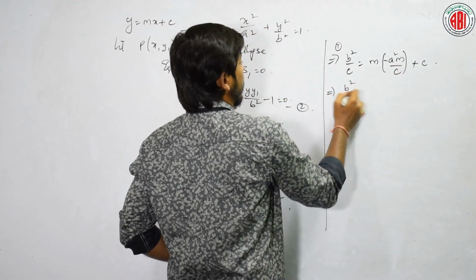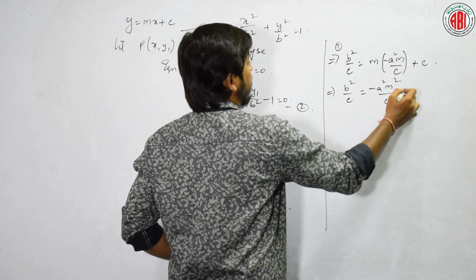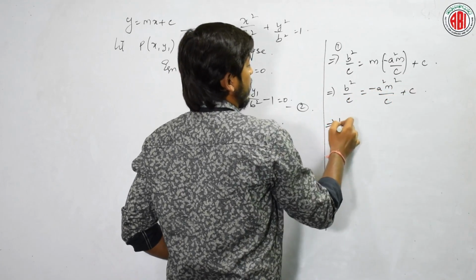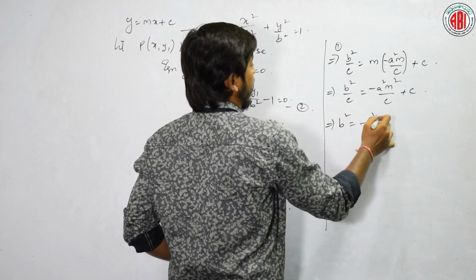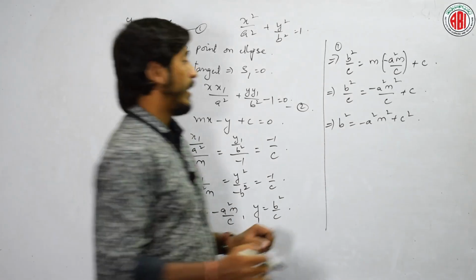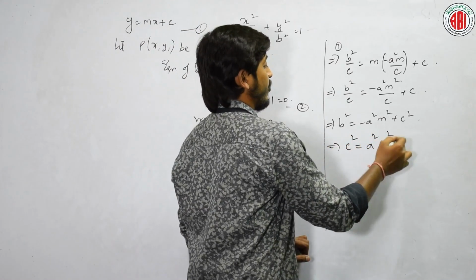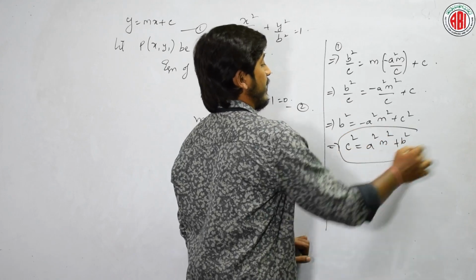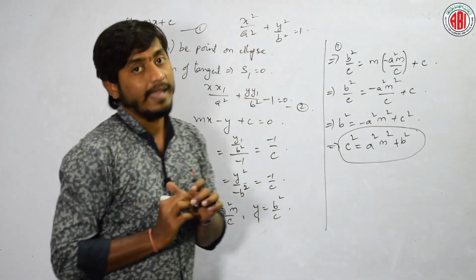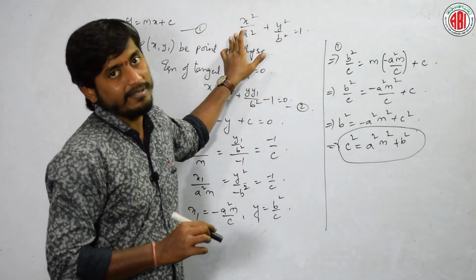This becomes b square by c is equal to minus a square m square by c plus c. This becomes b square equal to minus a square m square plus c square, right. So, I can write c square as a square m square plus b square. This is the condition that this line is a tangent to this ellipse.